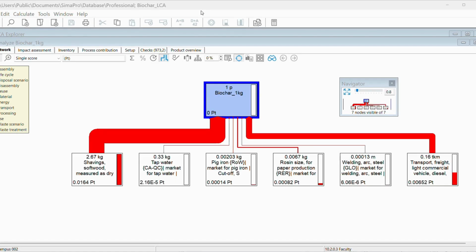Now let's try to interpret the result, which is the final stage of LCA. As you can see here, it is a network diagram. This is a network diagram, and it provides us the overview of the inventory and activities associated during production of the final product. In our case, the final product is biochar, that is 1 kg of biochar.